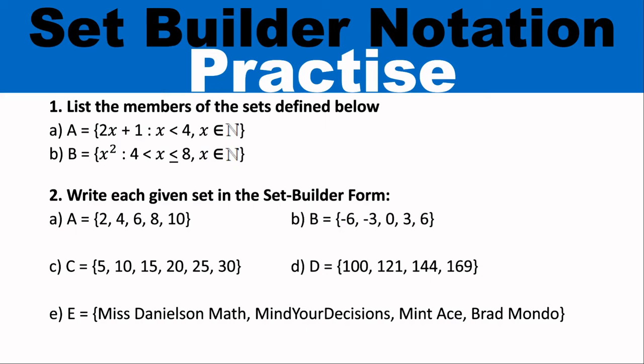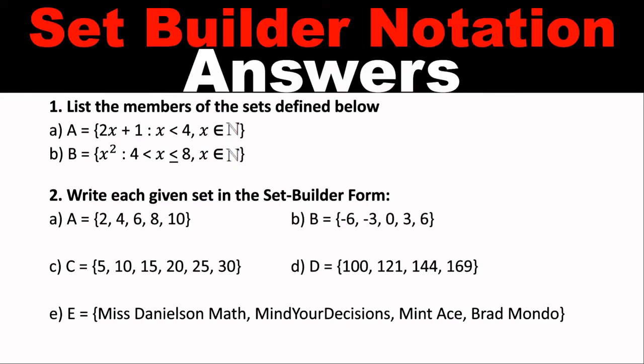I hope you had a chance to hit pause, because here come the answers. Although set builder notation can be a bit complicated, I hope you notice that set A will be a list of odd numbers because it's 2 times some value plus 1, where that value is less than 4 and it's a natural number, so it's a whole number value including 0.